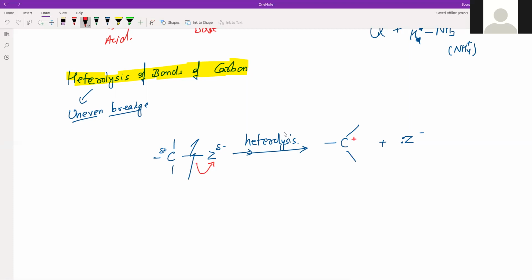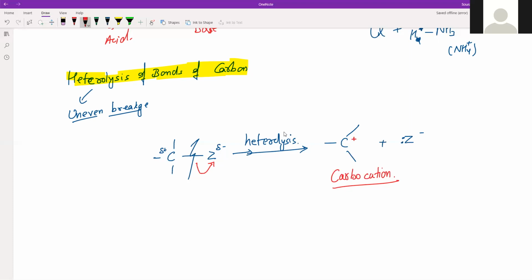So there is a positive charge on C plus. And whenever such a thing happens, we name it a carbocation. So where is the positive charge?